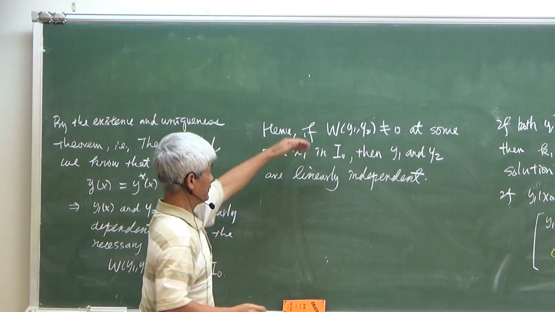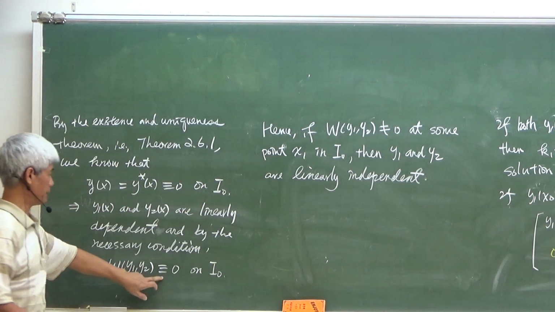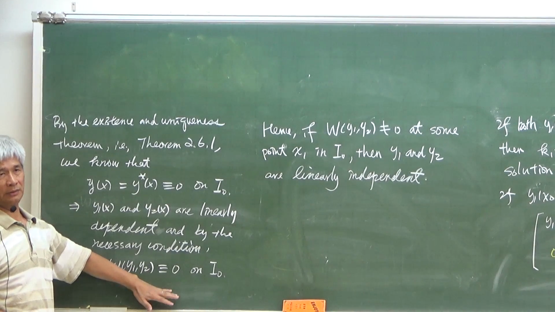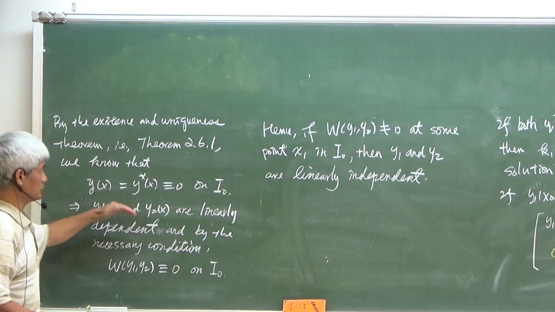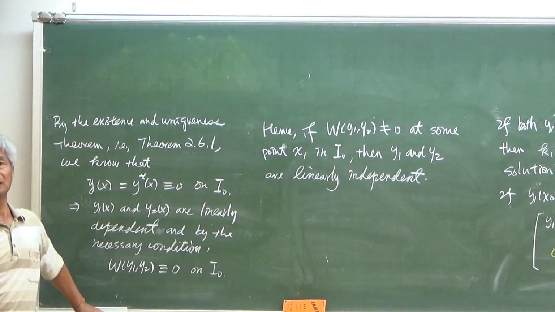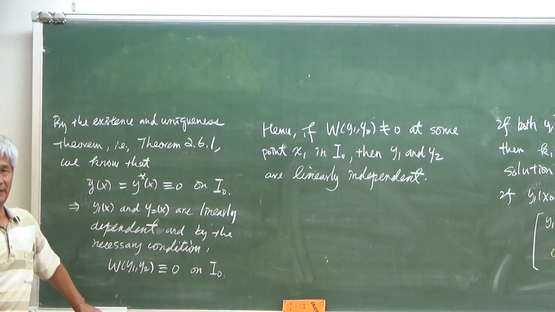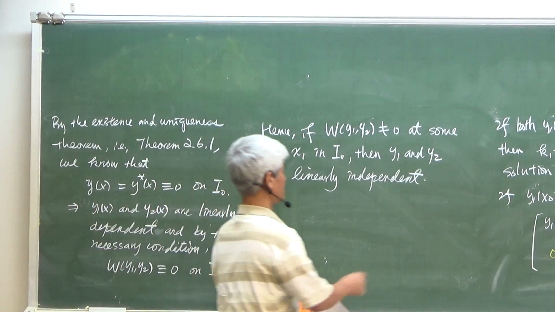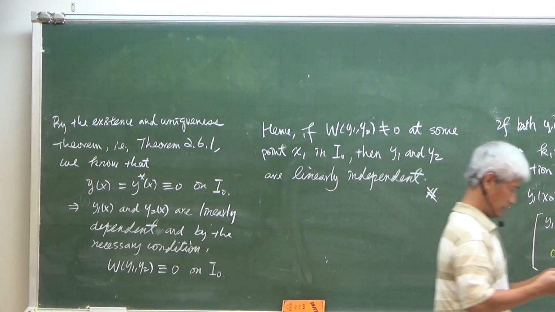Because if this is true, then the Wronskian cannot be identical to 0, and so y1 and y2 are not linearly dependent. Right? So this is the end of the proof.